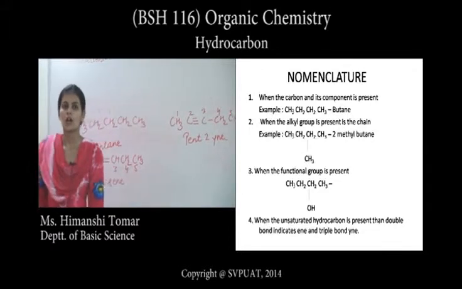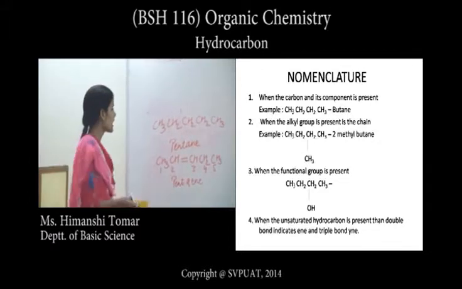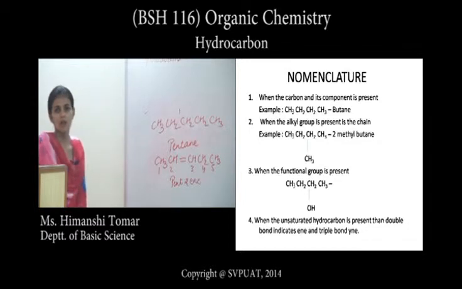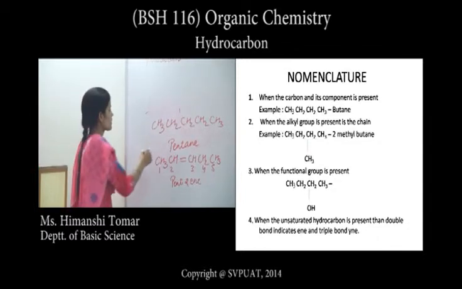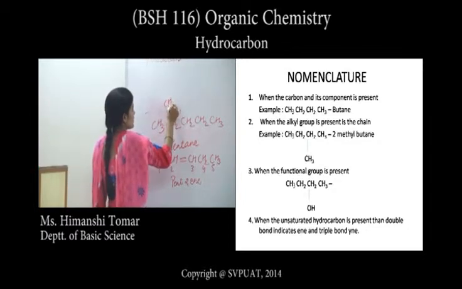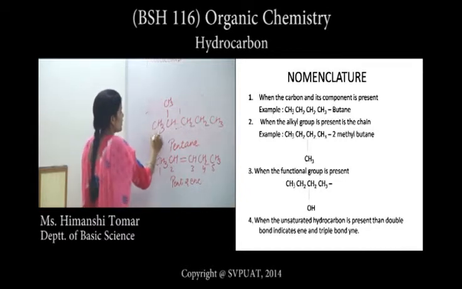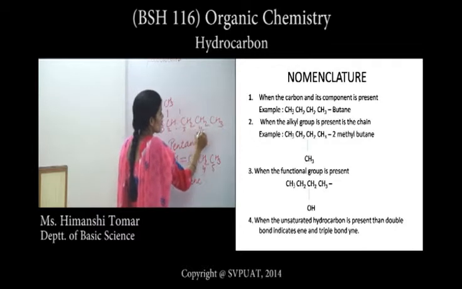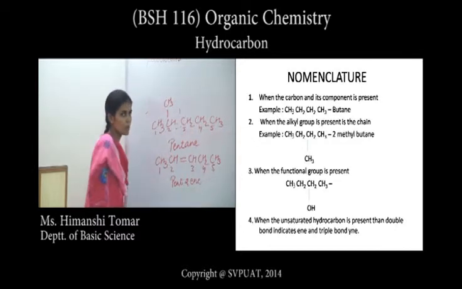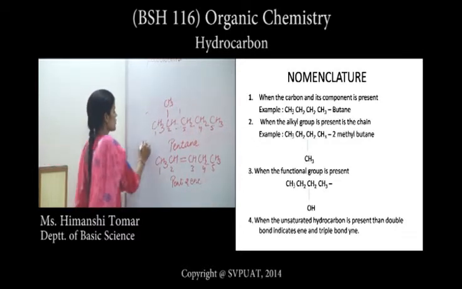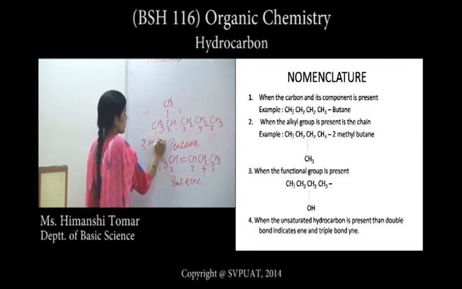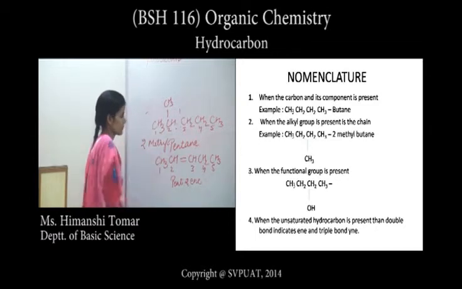If we have a chain with a methyl group in this compound, then we show CH3 there. Counting 1, 2, 3, 4, 5, the methyl group is at position two, so the name is 2-methylpentane.